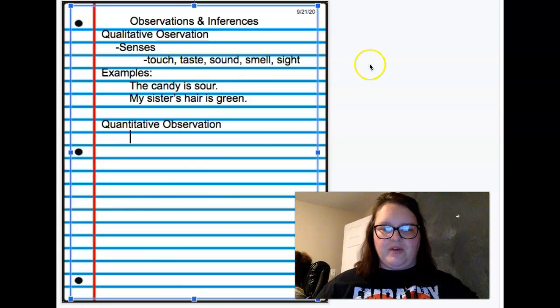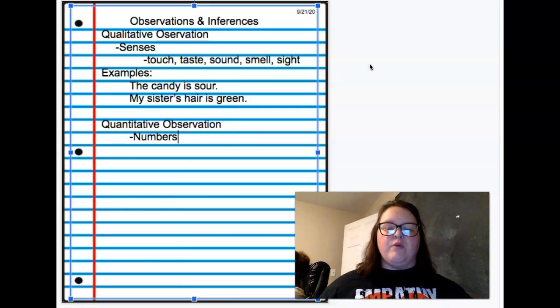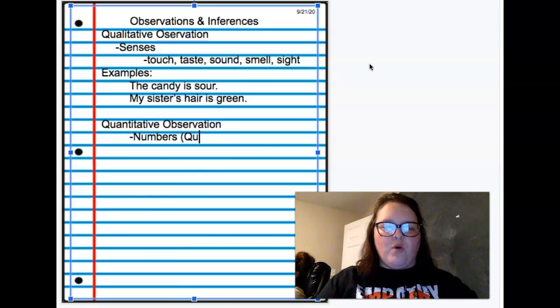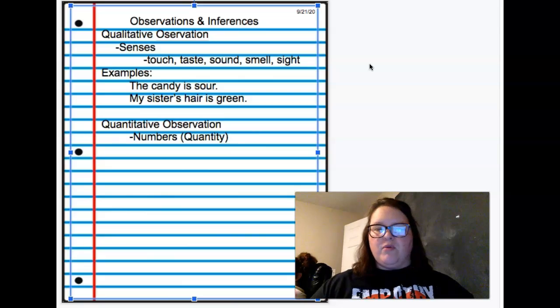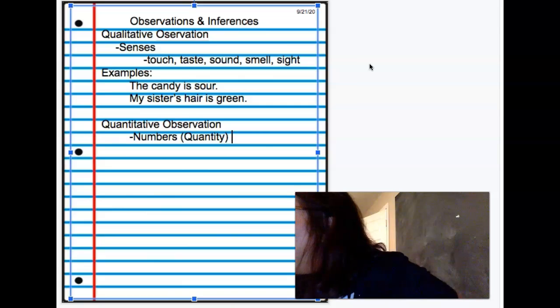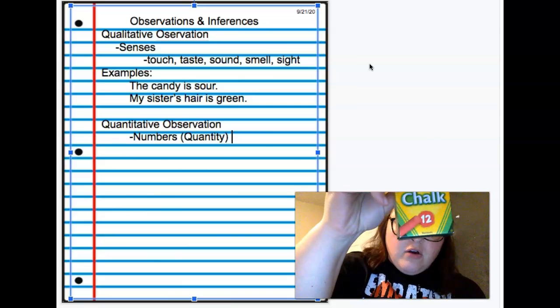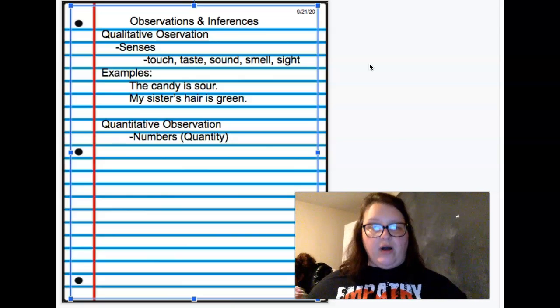These have to do with numbers. I can't make it any simpler than that. We also talked about the word quantity last week. And remember, quantities are like amounts. For example, if I grabbed my chalk and said, what is the quantity of chalk in this box? You would tell me 12.